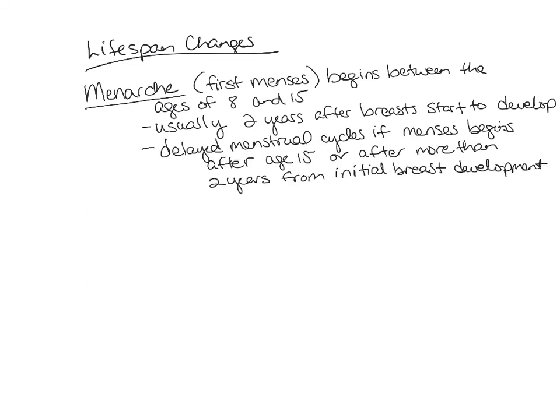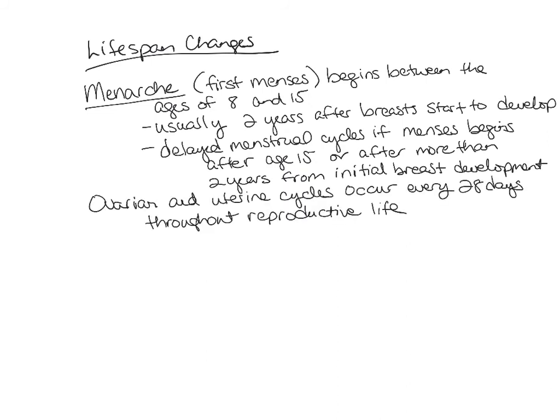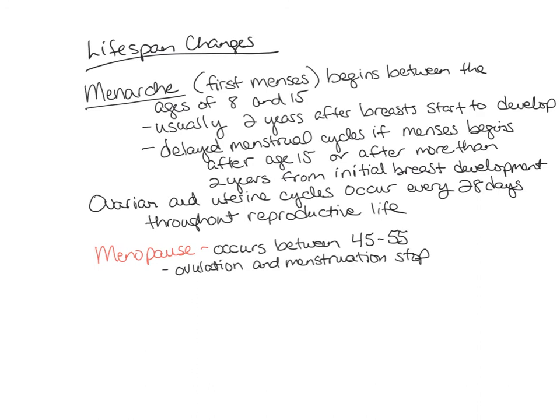She'll continue through her reproductive life having ovarian and uterine cycles averaging 28 days until she reaches the age of 45 to 55. At this time, menopause occurs. This is the time that ovulation and menstruation stop.